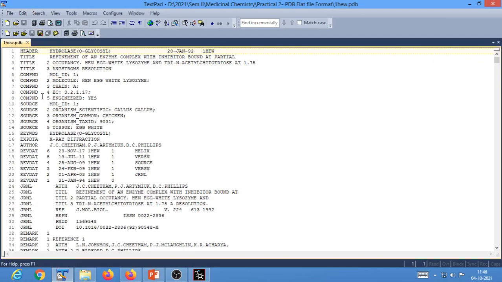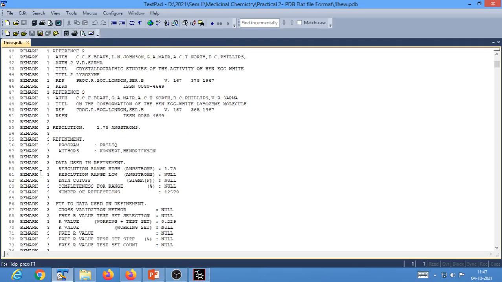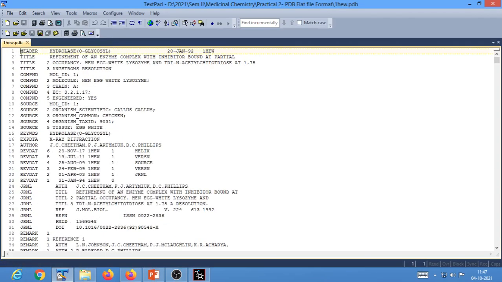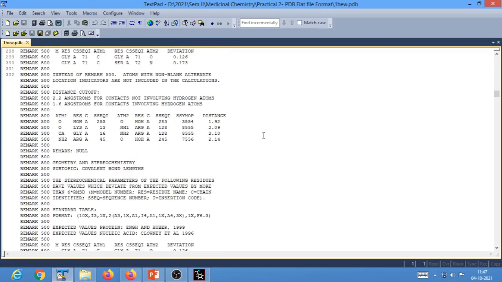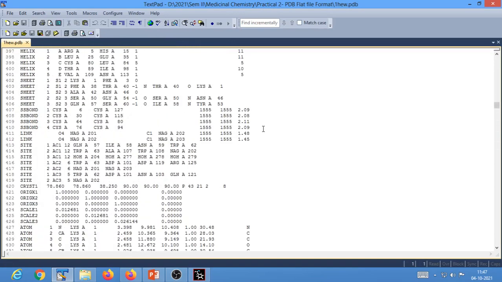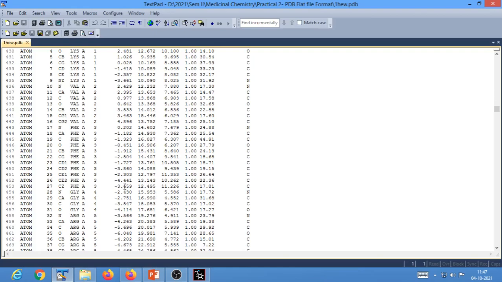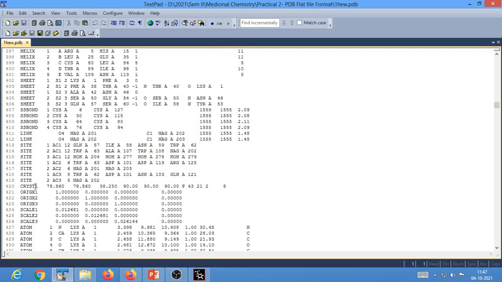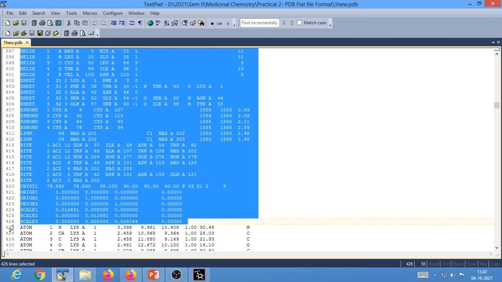We would come to these different keywords in a while. Your annotation section starts from line number 1 to line number 426.